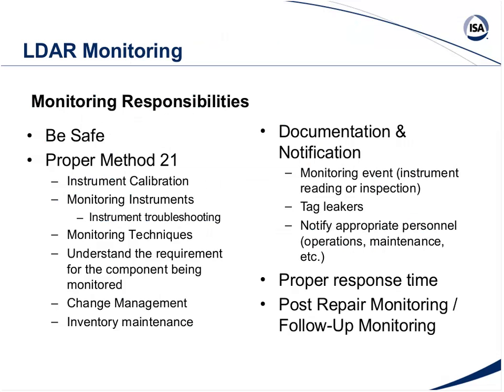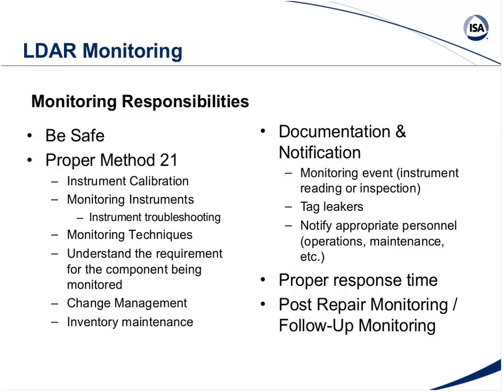Then you get to the program responsibilities with the monitoring and the monitoring data. Of course, our person who's out there monitoring needs to be safe. They need to be doing proper Method 21. A lot of the violations that we're seeing is that instruments aren't being calibrated appropriately, and you need to make sure that that's happening.